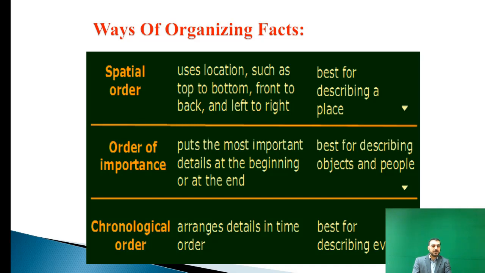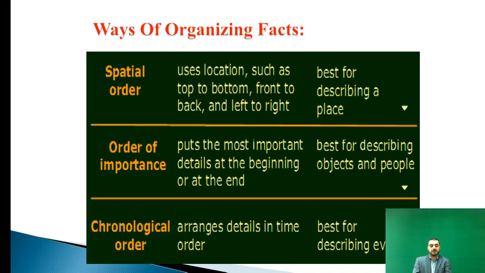The second type of organization is spatial order. It uses locations such as top to bottom, front to back, and left to right, and it is suitable for describing a place. The last type of organization is order of importance, in which we put the most important details at the beginning or at the end of the essay in order to shed light.